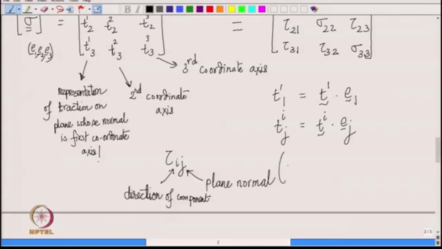I could write here traction on j plane and take its component along ith direction.